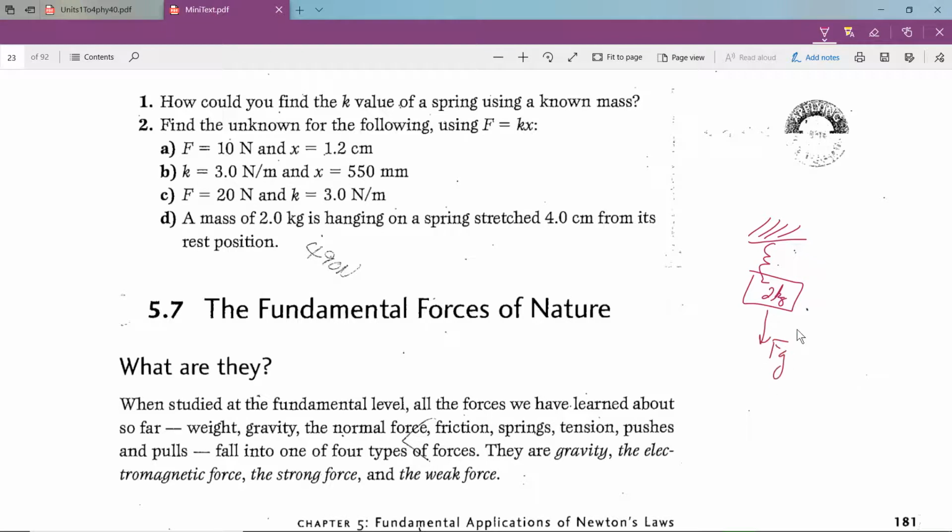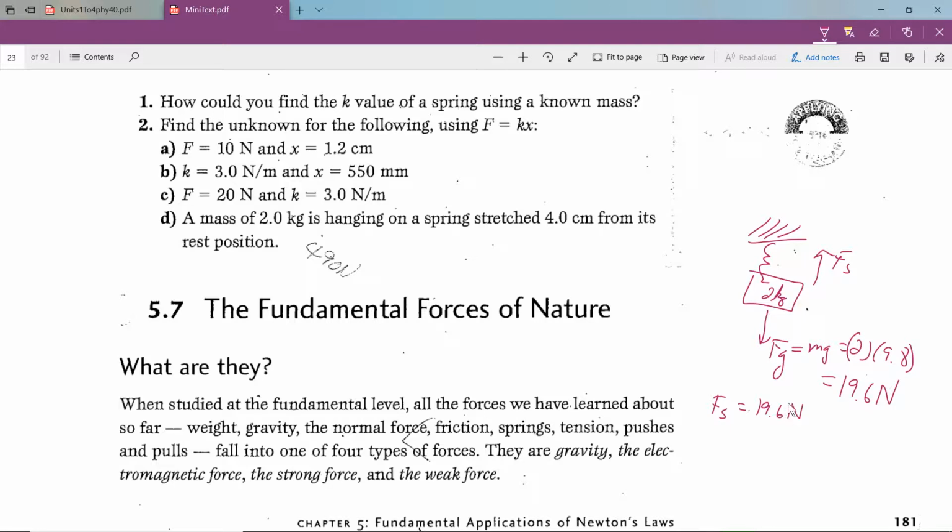So you got force of gravity, and then you got the restoring force, Fs, going back. Force of gravity is mg, so it's 2 times 9.8, which is 19.6 newtons. So then the spring force has to be 19.6 newtons.